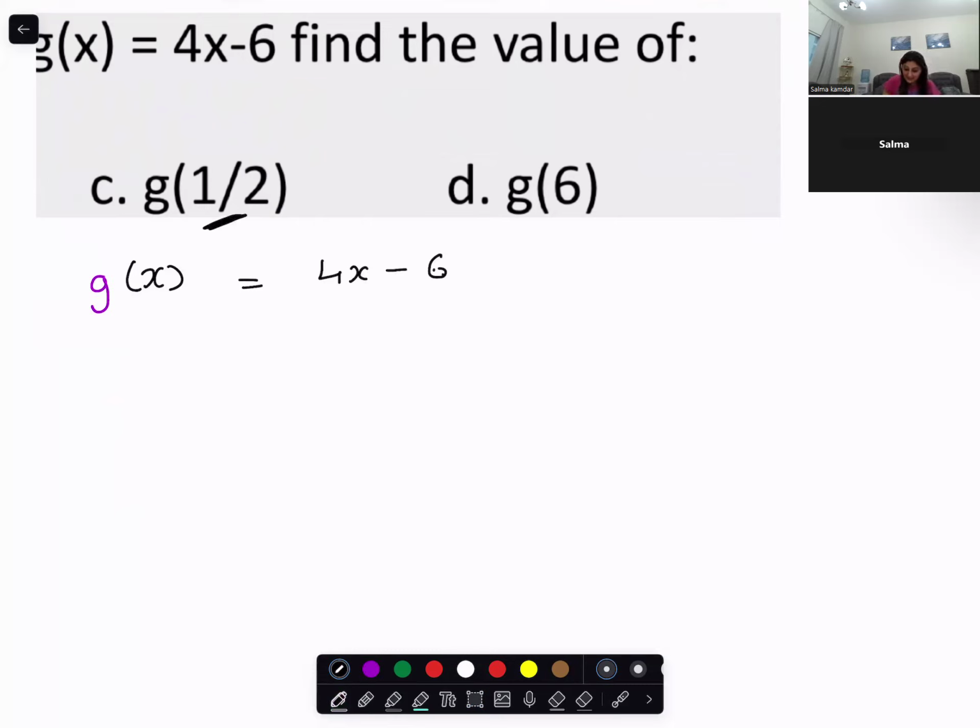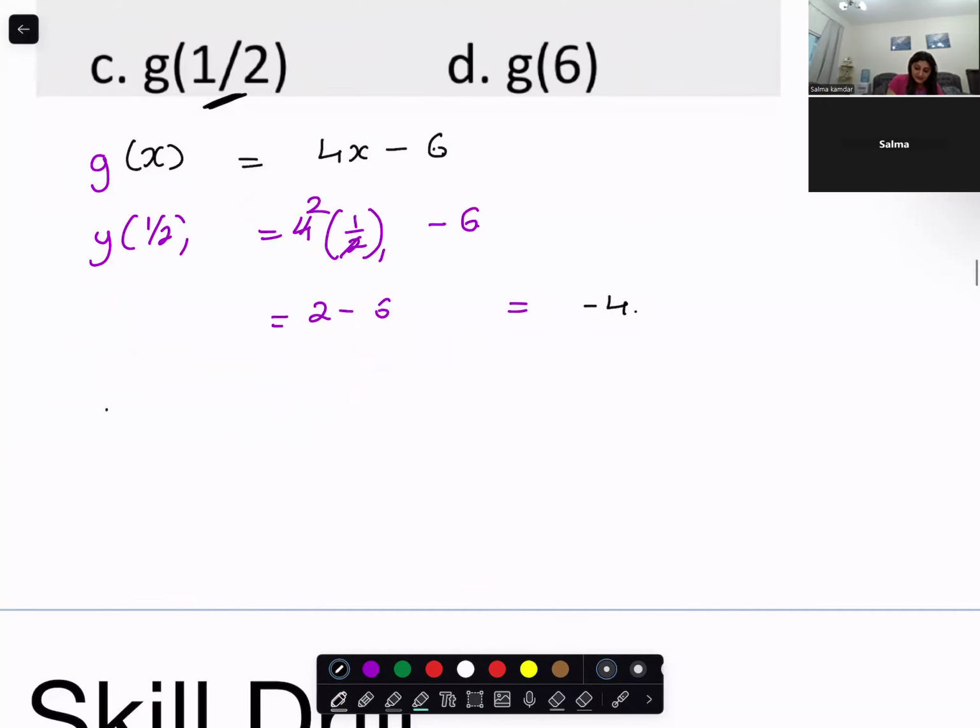I will replace x by half. So g of half is equal to 4 into half minus 6. 2 ones and 2 twos are. So this becomes 2 minus 6, which is nothing but minus 4.